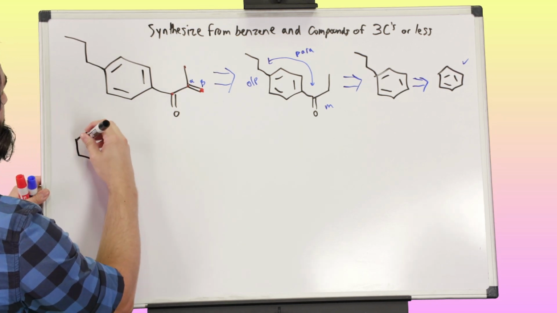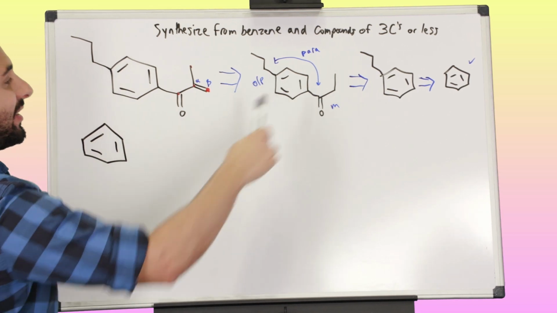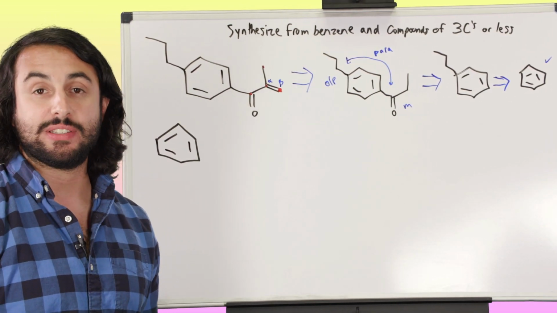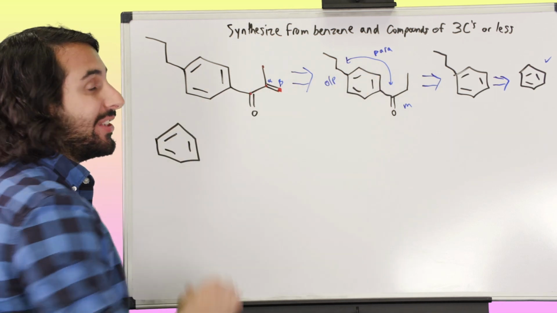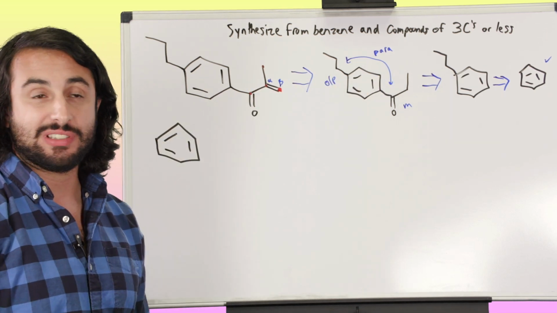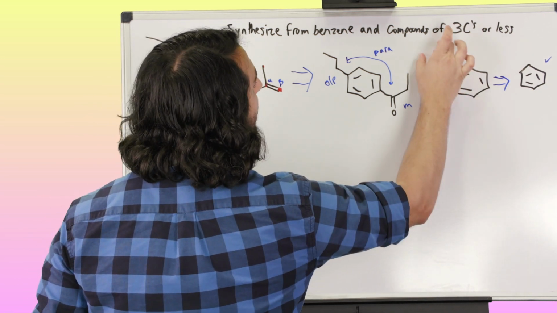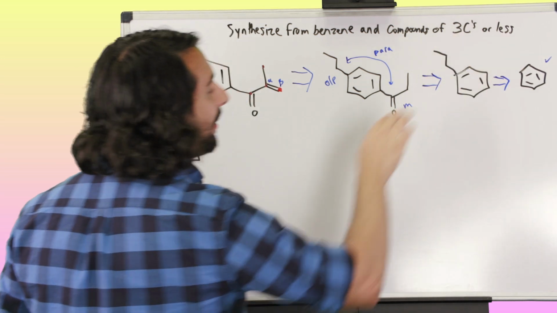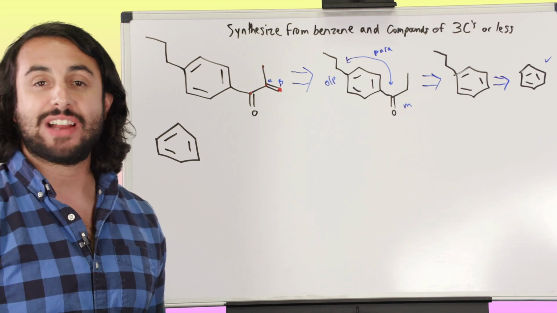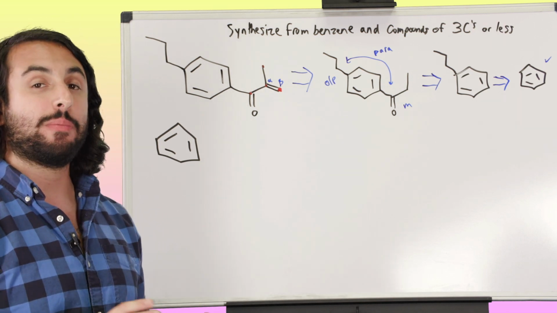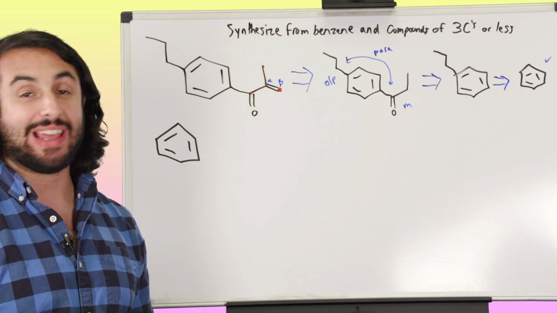Right, so now that we've completed our retrosynthetic analysis, we now need to go in the forward direction and say what reagents we're going to use. We have to prove that this was valid by then showing very rigorously what we're going to do in the forward direction. So if we're trying to go this way, we want to attach this alkyl fragment. And so anytime we're attaching an alkyl fragment to benzene, we're thinking we're going to probably do Friedel-Crafts alkylation.